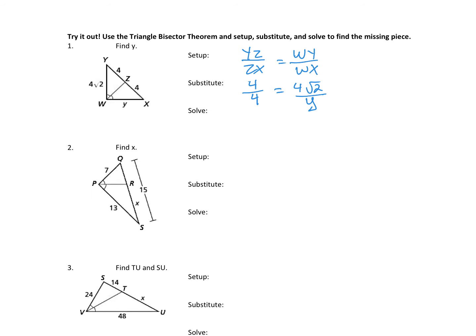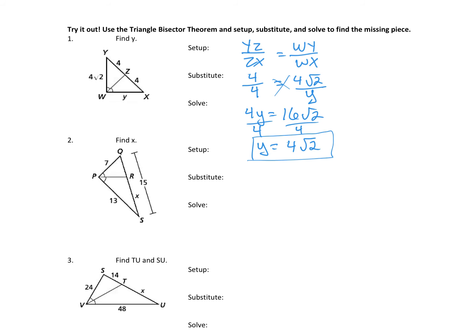But let's not get intimidated by these letters. We just have to cross multiply. 4y must equal 16 root 2. If we divide both sides by 4, we only need to divide the 16 by the 4. So y is 16 divided by 4, which is 4. So this is actually 4 root 2.